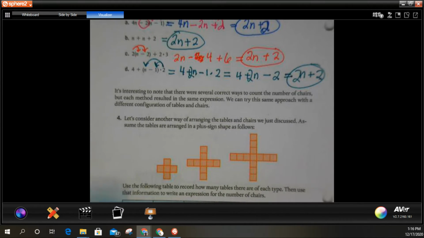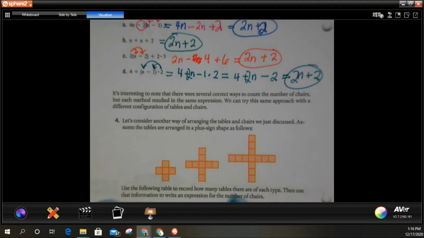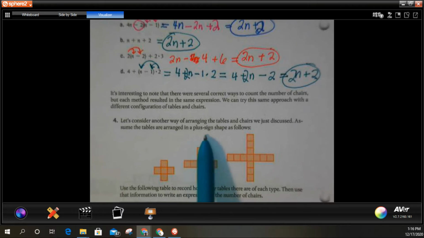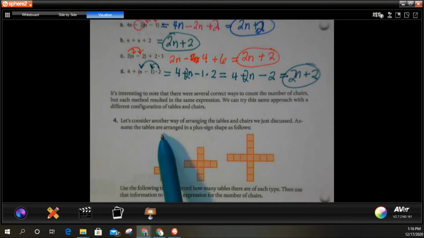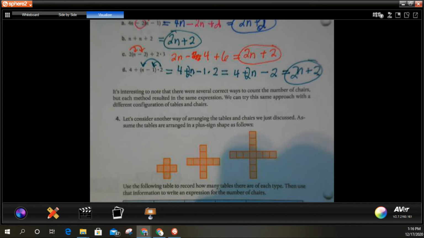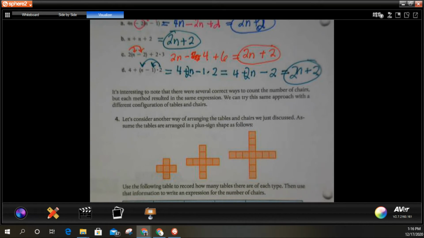So, number of tables with 0 chairs. 0. Number of tables with 1 chair. No, oh, my fault. This middle table has 0 chairs, so it's got 1.